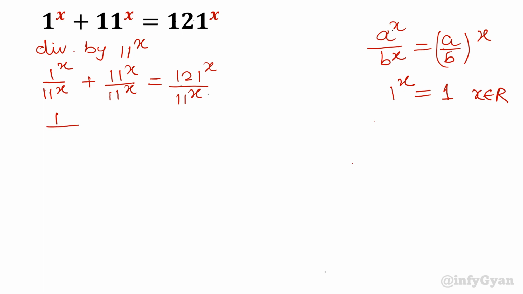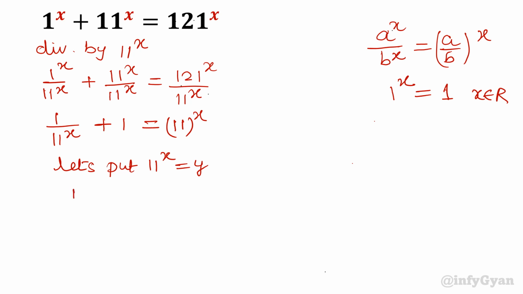So it will be 1 over 11 power x plus 1 is equal to 121 over 11, that means 11 power x. Now let's substitute. Let's put 11 power x is equal to y.